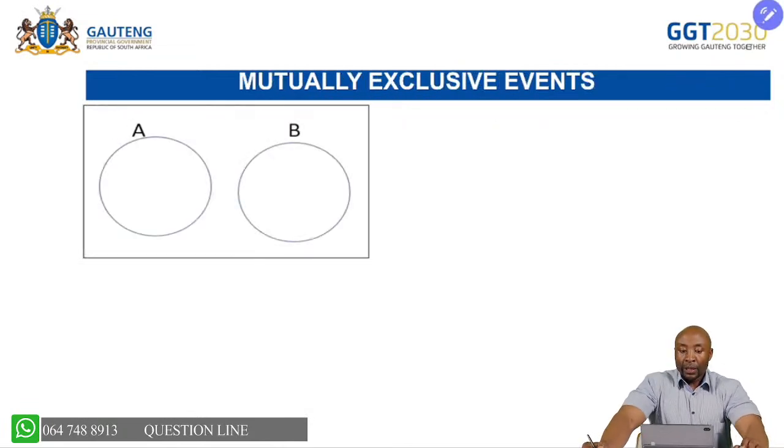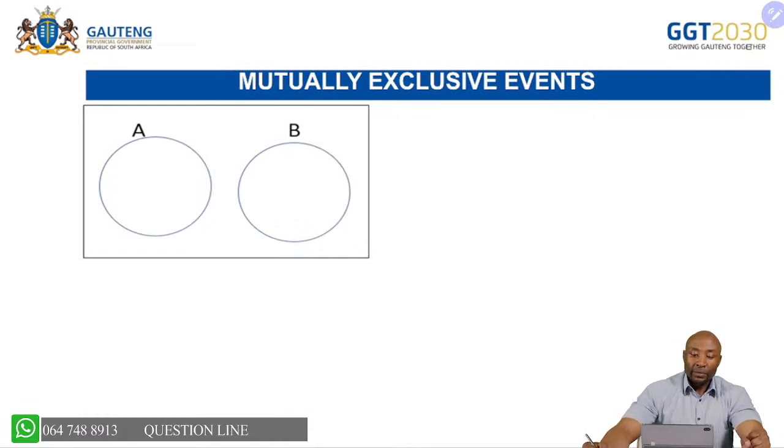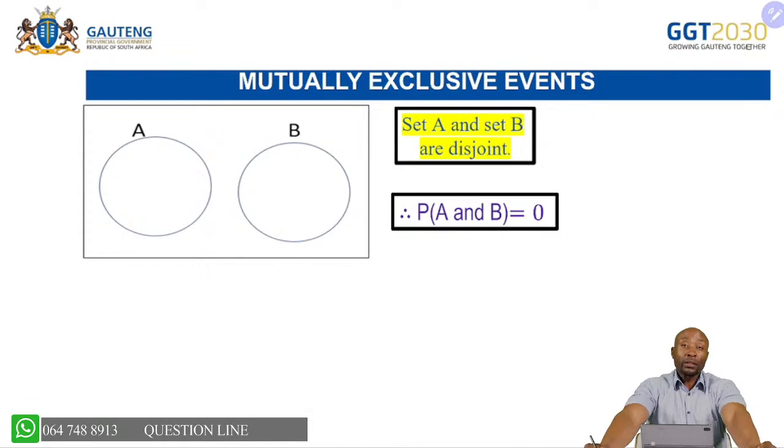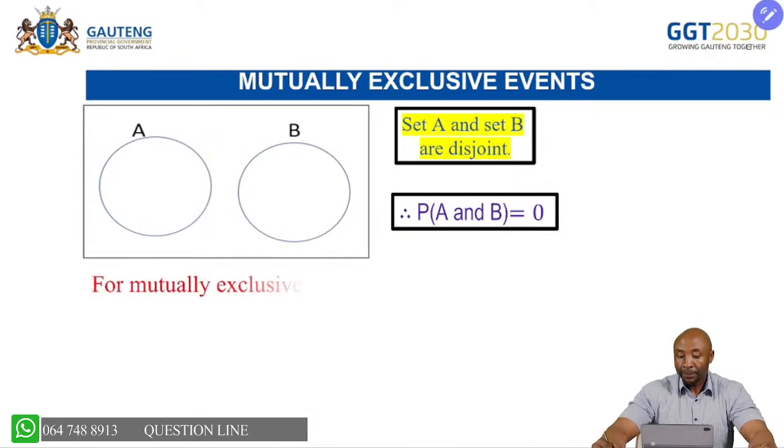We shall move on and revise our mutually exclusive events, where we have A and B. The events are disjoint. There is no intersection when we look at mutually exclusive events. And we know that the probability of A and B will be given by 0 as there is no intersection.